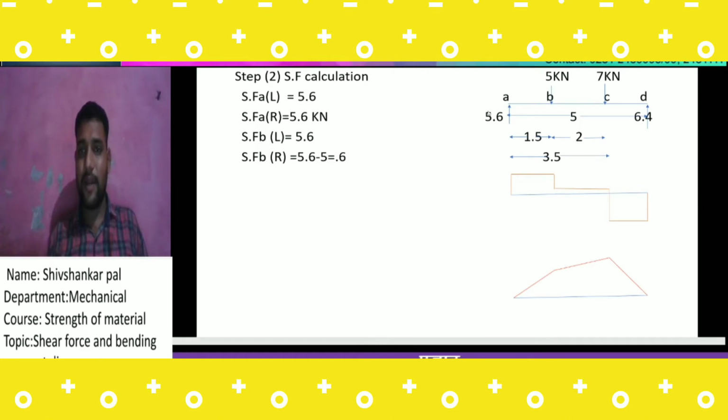That is our actual loading diagram. Of these two supports, the left hand side support is 5.6 and the right hand side support is 6.4.